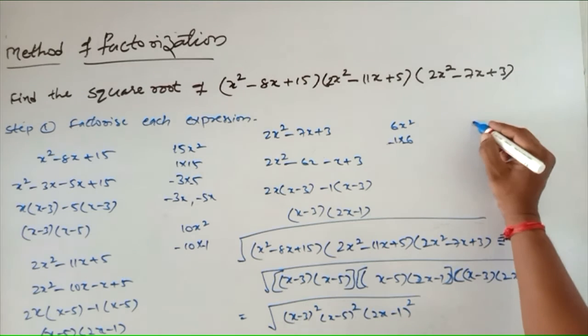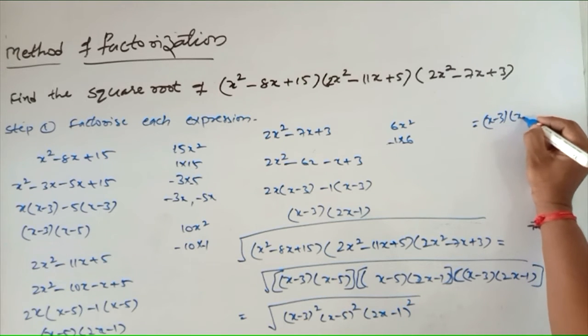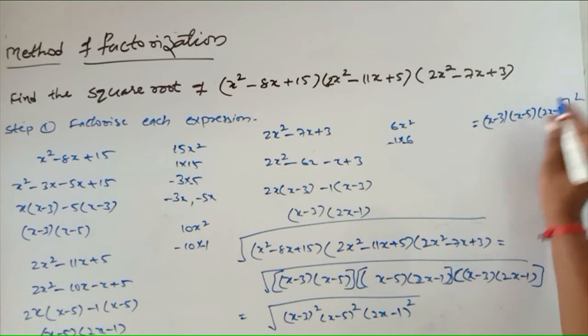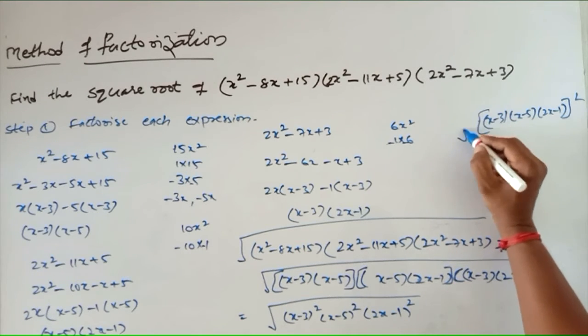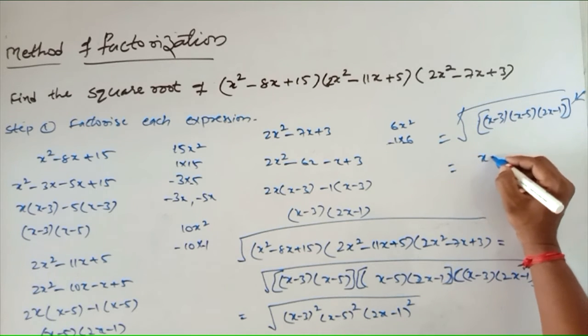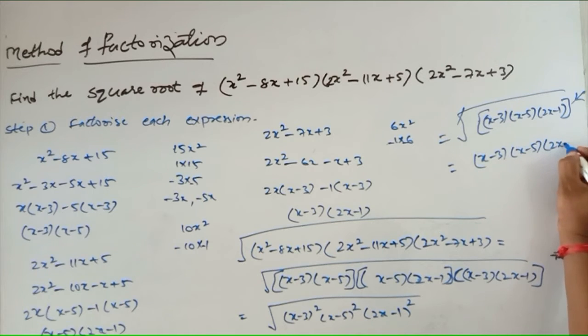Now I am taking x minus 3 into x minus 5 into 2x minus 1 whole square under root. So the square root is going to be cancelled. Now the answer will be x minus 3 into x minus 5 into 2x minus 1.